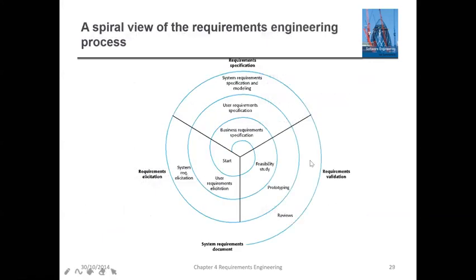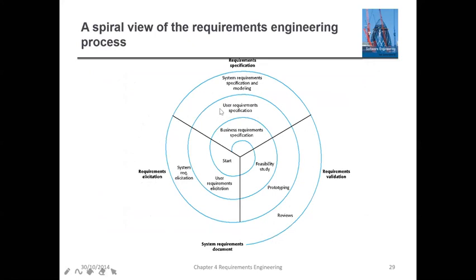Moving to the next slide, as you can see, this is a spiral view of the requirement engineering process. As we have already seen in one of the classes, this is the spiral model. Here also you can see a glance of the spiral model. The model looks like this. Why has the model been designed in this way?